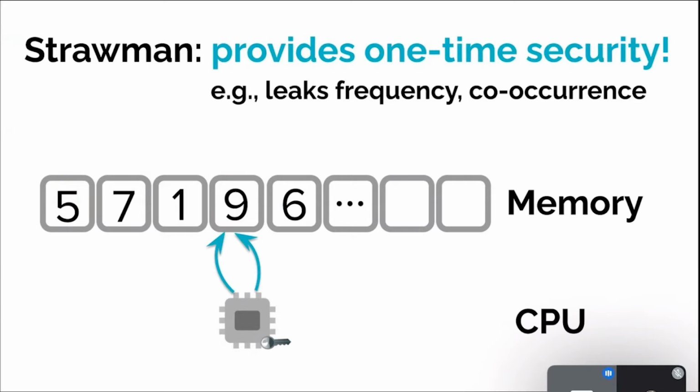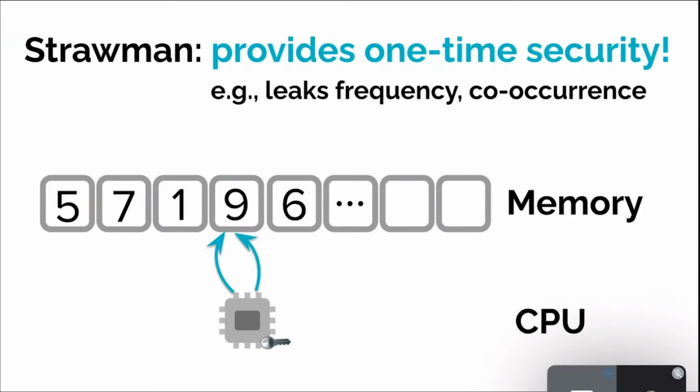Then you can see the frequency of the accesses, because the two accesses will go to the same location if these blocks are not moved around. So essentially, if you just permute the blocks, what you get is one-time security. The scheme is secure if you promise you will access every block only once.